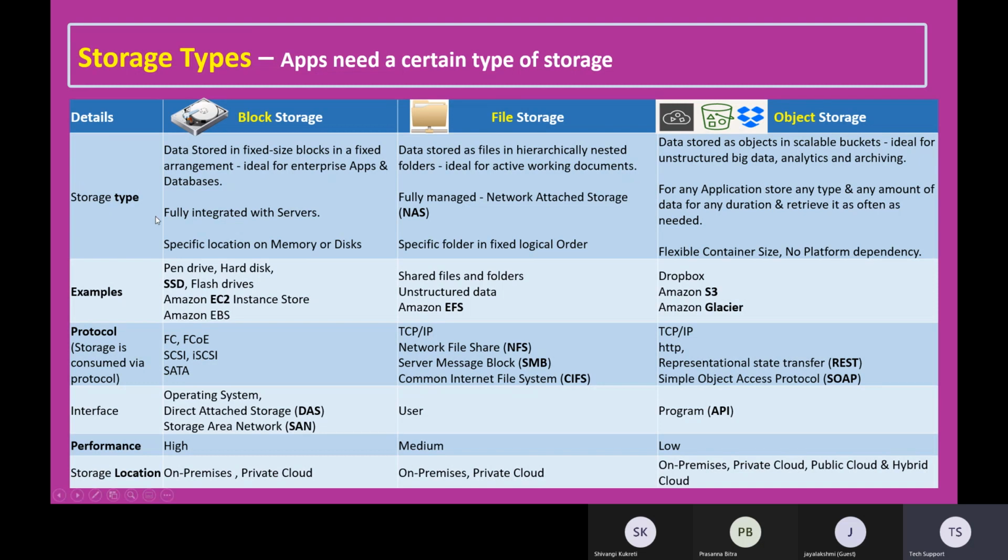For the first storage type, we can observe these points. Data is stored in fixed size blocks in a fixed arrangement, ideal for enterprise apps and databases. Even in our local laptop or home PC or server, we have one hard disk. It's a fixed size block, and mainly we use it for applications and database storing purposes. Even on your home PC, we are using multiple applications like MS Office, Adobe PDF, and some external applications.